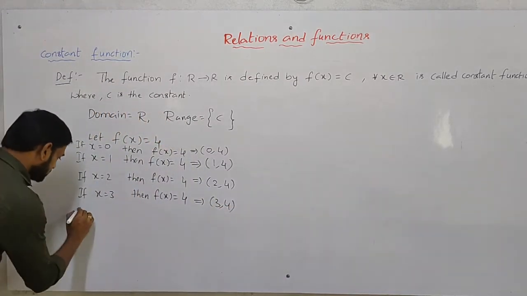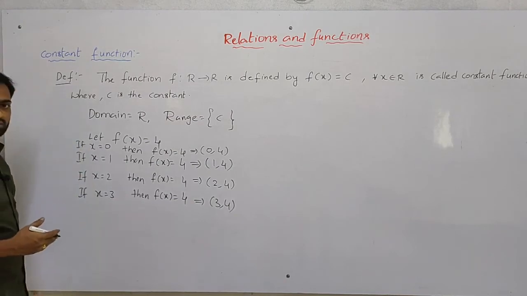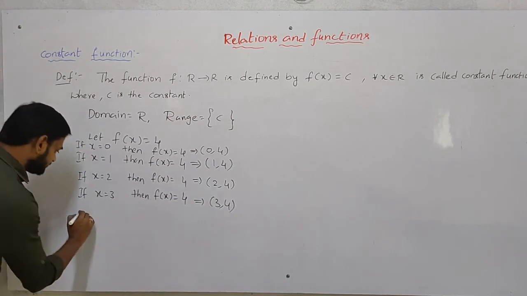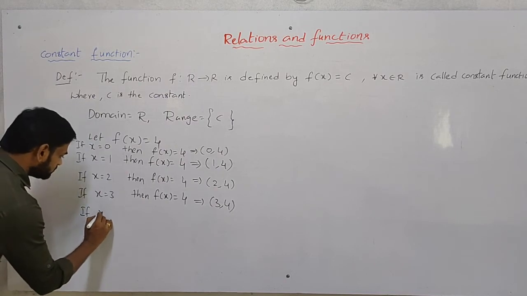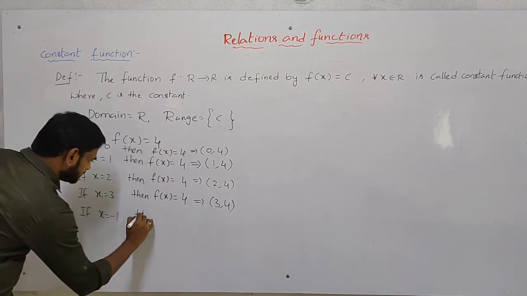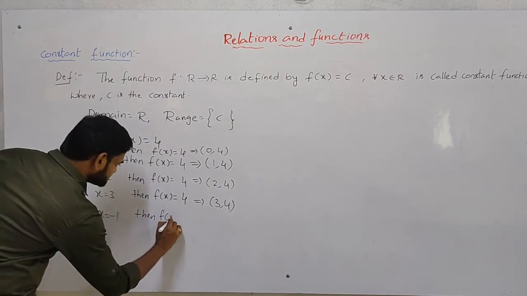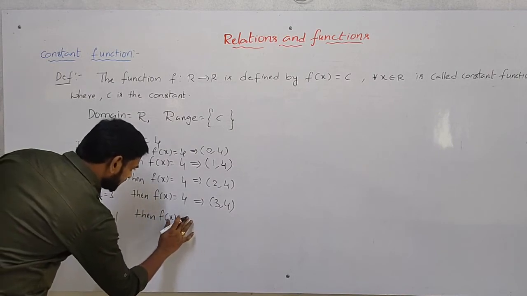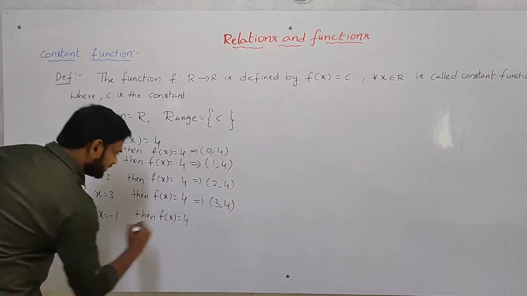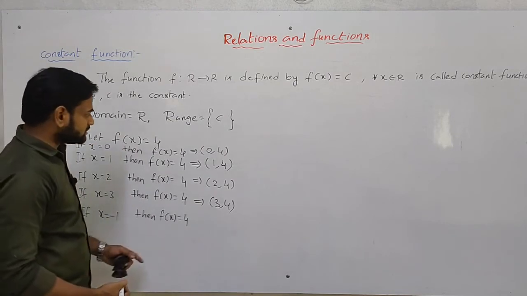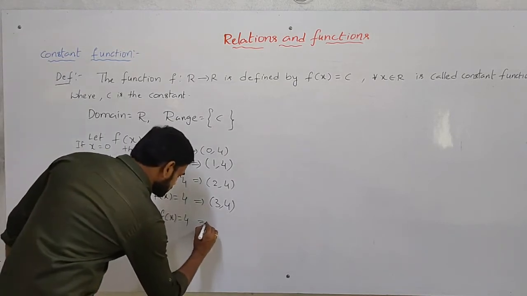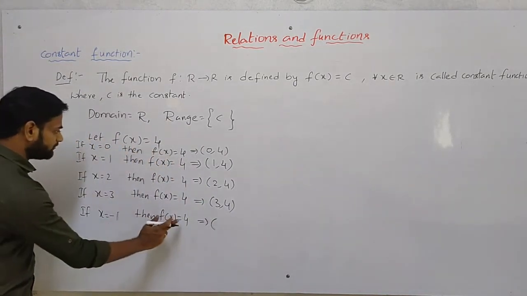So positive I took. I want to take negative. If you take negative also, x is minus 1, then f of x is 4 only. You take any value, this constant function, it is 4 only. So the point is minus 1 comma 4.